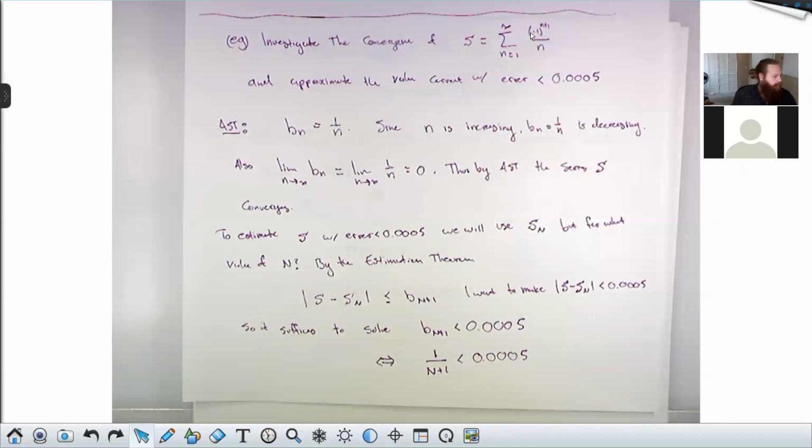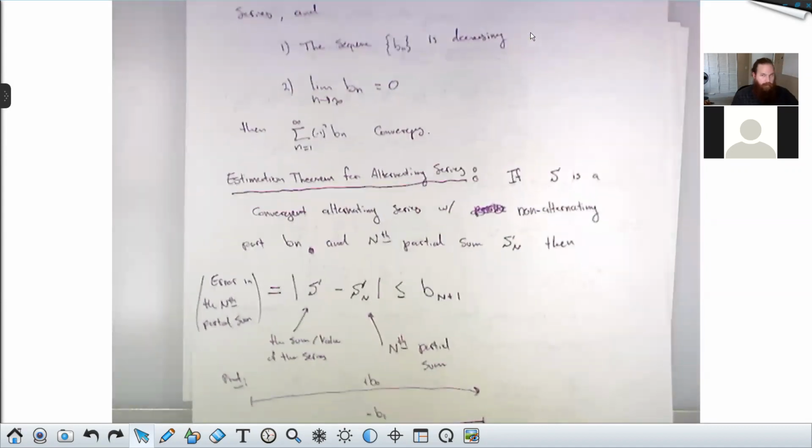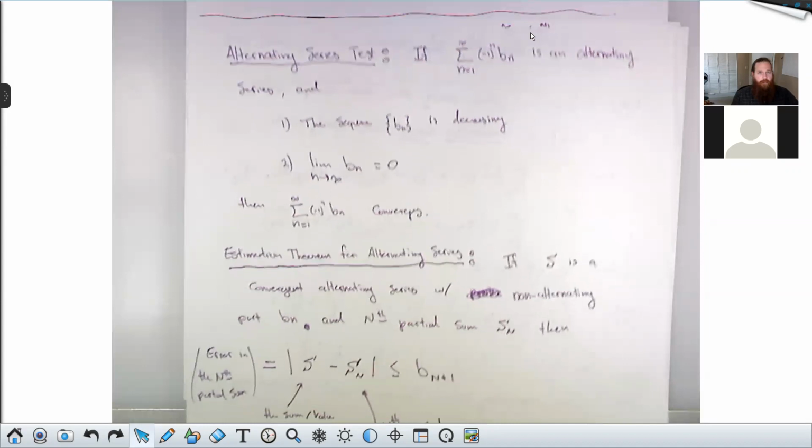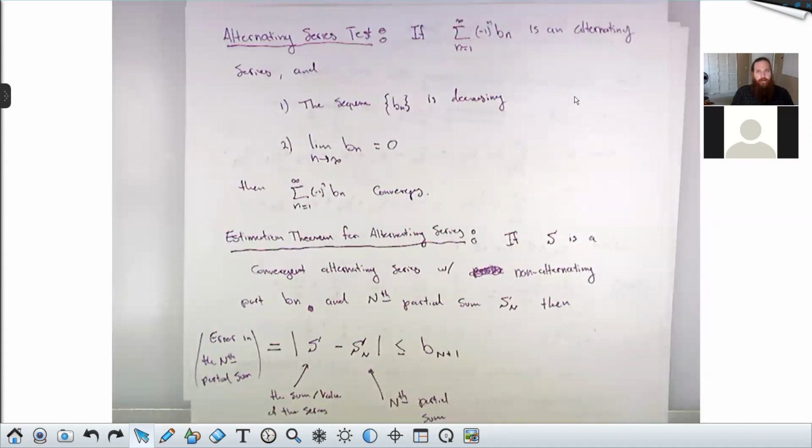In fact, if you look at the statement of the alternating series test, it's kind of shocking. Usually it's pretty hard for a series to converge. Usually it's not enough for the terms to go to 0, right? This is the closest we get to a converse to the test for divergence.